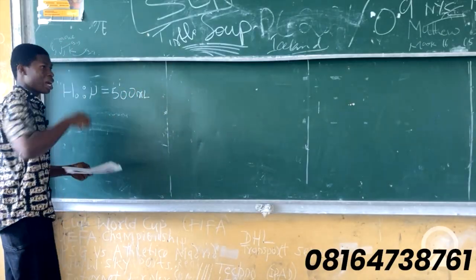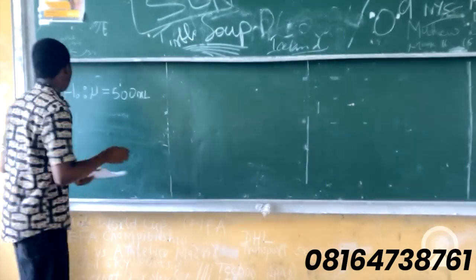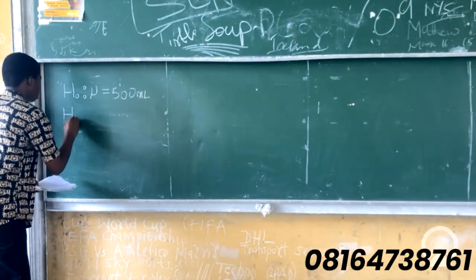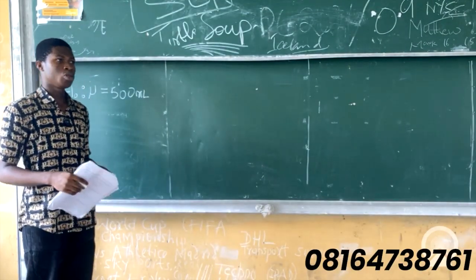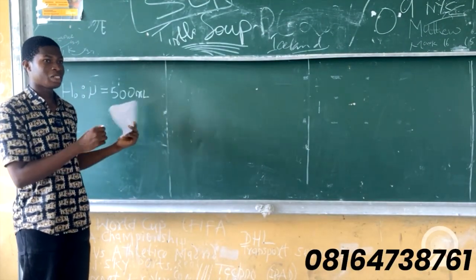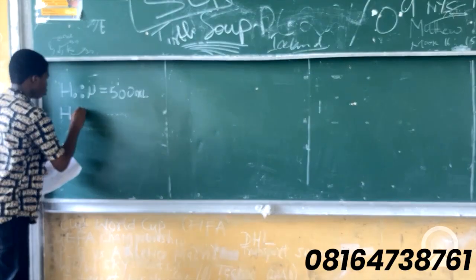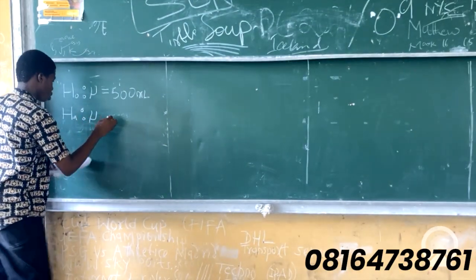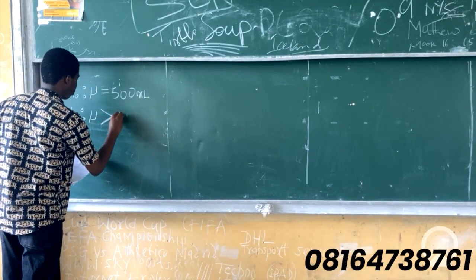We are asked to test whether it's underfilling or overfilling, which is the alternate hypothesis. The alternate hypothesis is the one trying to go against what the null hypothesis is saying. They say it's overfilling, so it's going to be a greater than sign, 500 ml.